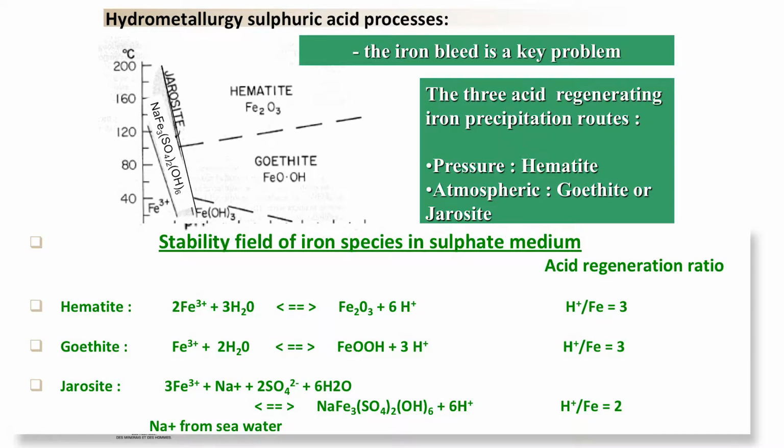This acidity formed during reprecipitation will be used for the dissolution of the iron. It's a continuous operation: dissolution by acid, reprecipitation of iron, and then you form back an acid that is used for the leaching.